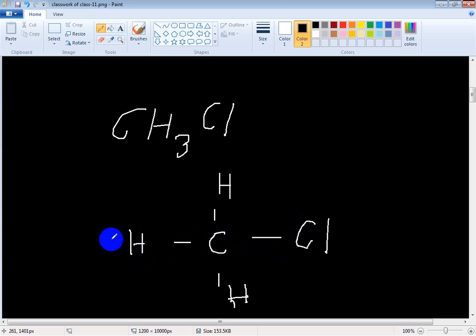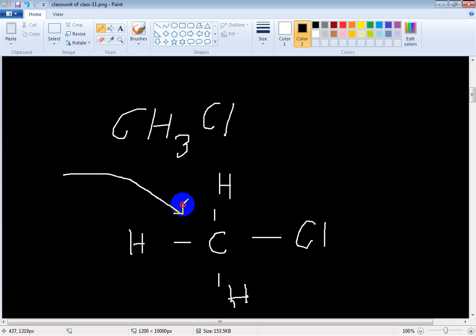If there is one alkyl group, it will be a 1-degree alkyl halide, but here there is only hydrogen, so it is a methyl halide.